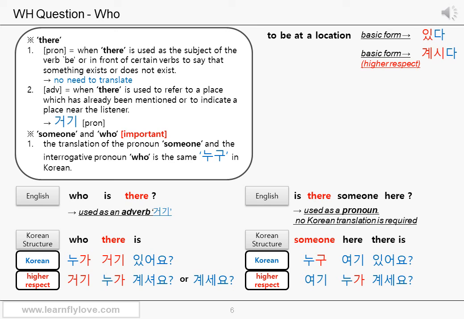Second, when there is used as a pronoun in a sentence like there is something, of course, you don't translate there itself, but you translate the entire there is into a Korean verb 있다, 있어요, which means to be at a location or exist. And when there is used as an adverb in an English sentence, you translate it into 거기. Okay, very good. This is the end of lesson 5, part 3.